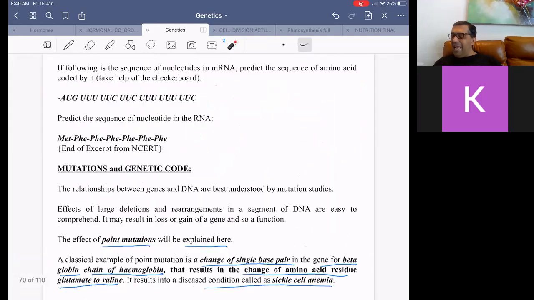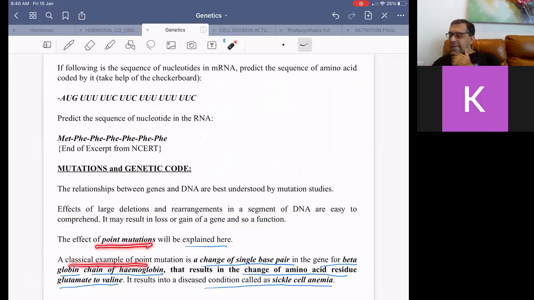And then we have mutations and the genetic code. So what are mutations? Effects of large deletions and rearrangement in the segment are easy to comprehend. It may result in loss or gain of a gene or a function. Say, for example, point mutation.